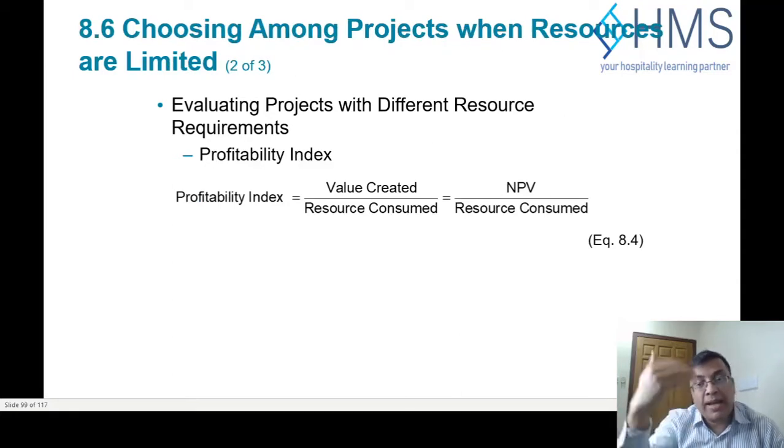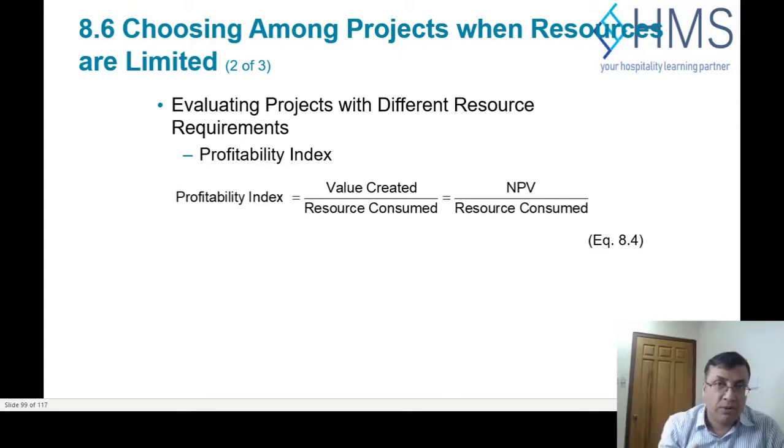So that is the NPV divided by the initial investment. You will get an index, let's say 1.5, 1.6, 1.2, and then you will rank all the projects based on the profitability index. That index will decide what your resource allocation should be, what should be given priority, to minimize unused resources and maximize value.